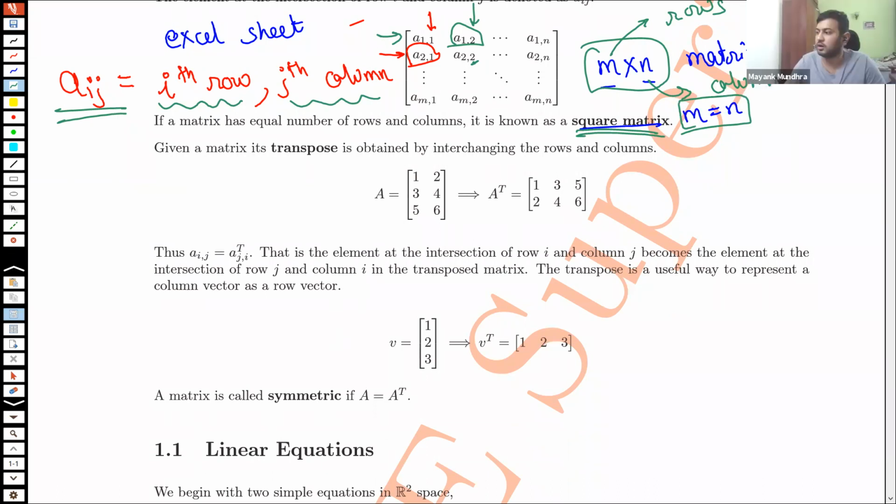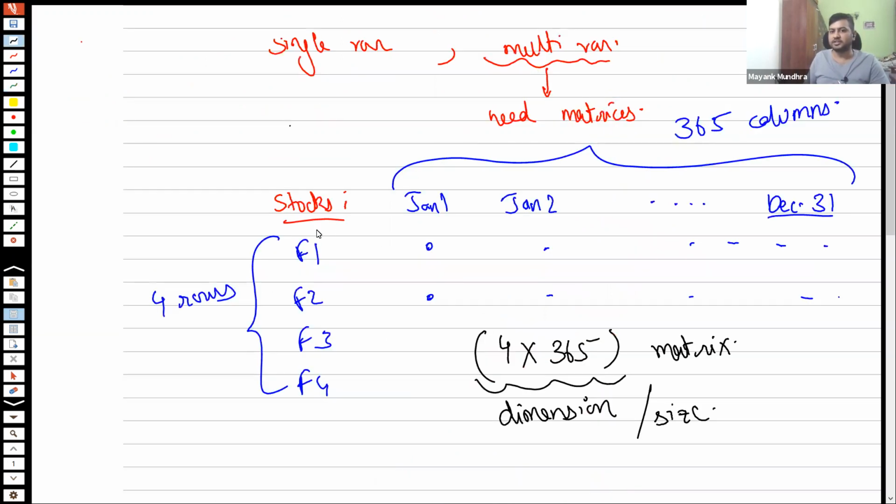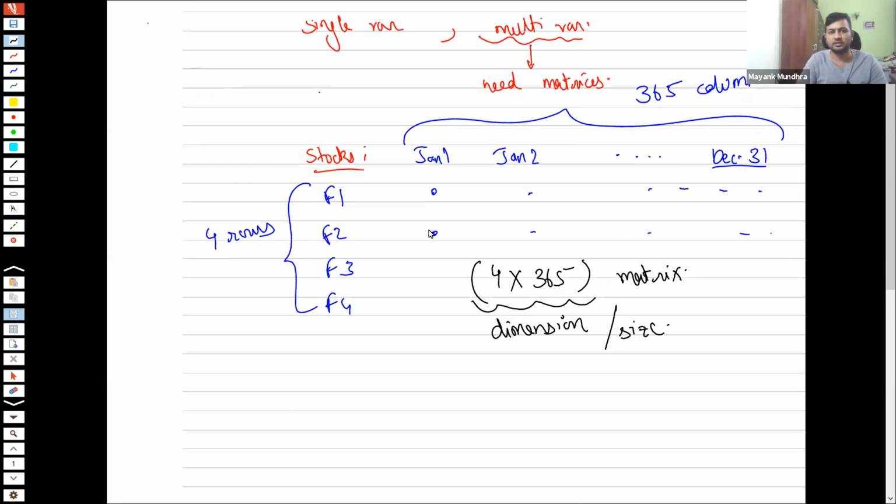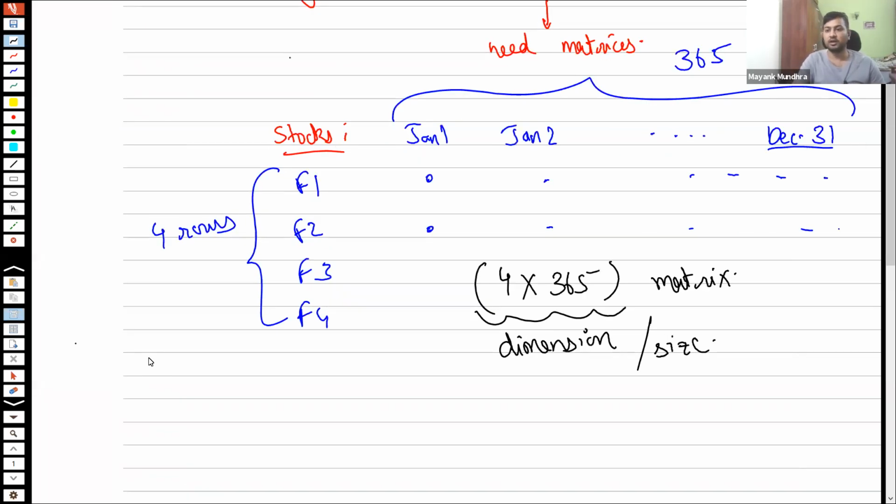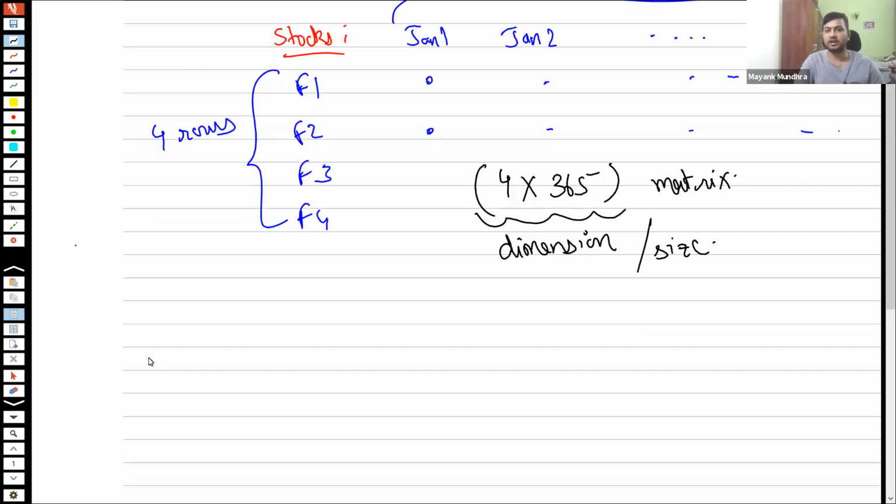Now, given a matrix is transpose. So transpose of a matrix is obtained by interchanging rows and columns. So instead of writing these stocks like this, suppose I had these stocks as different rows. Instead of that, if I had my stocks as different columns, then what I'll get is another matrix.